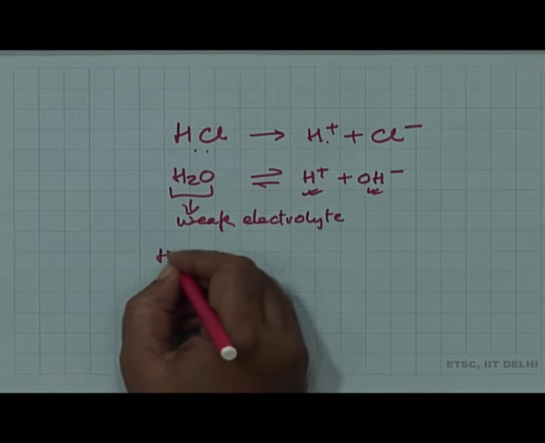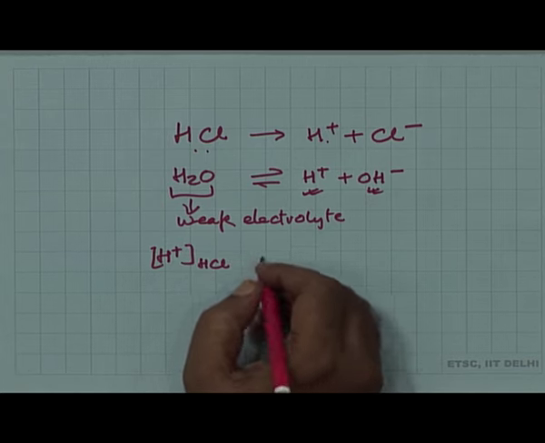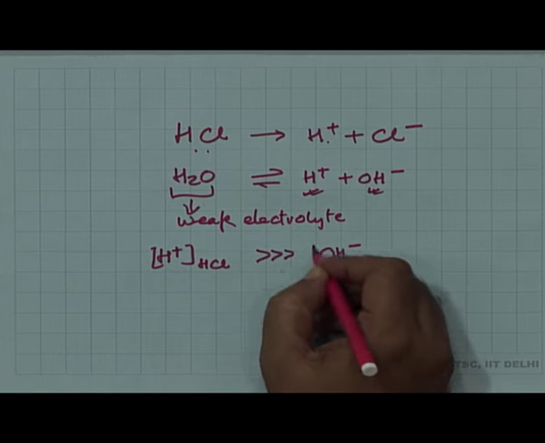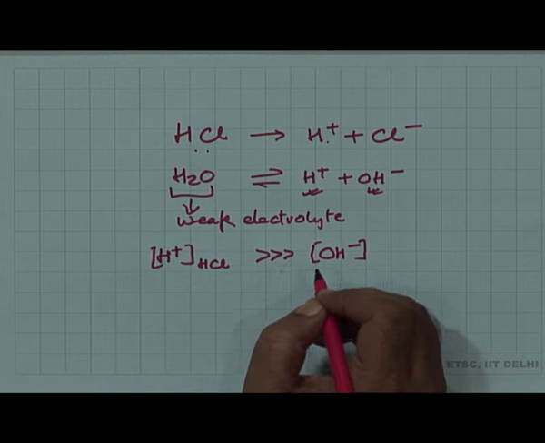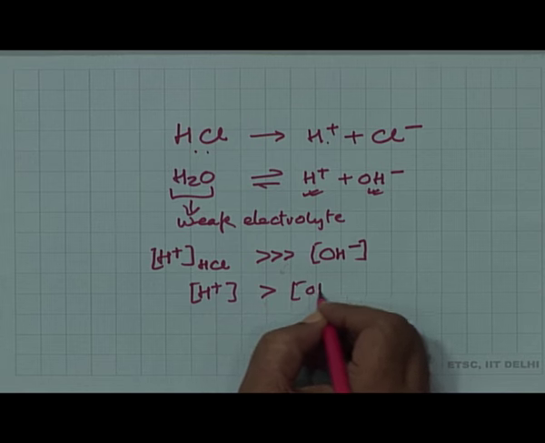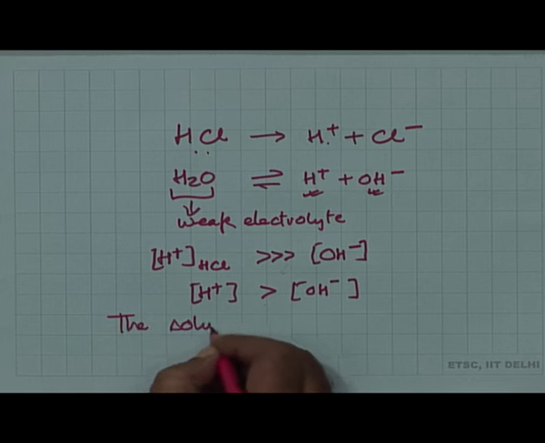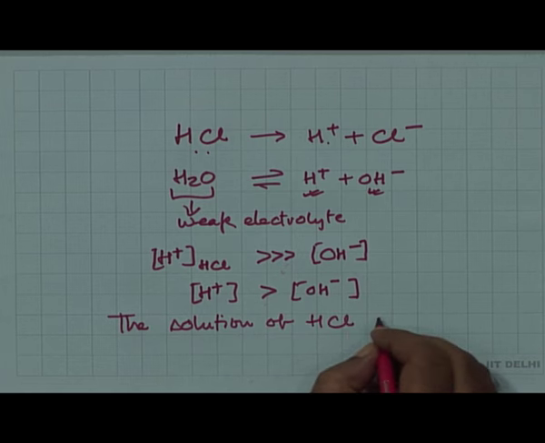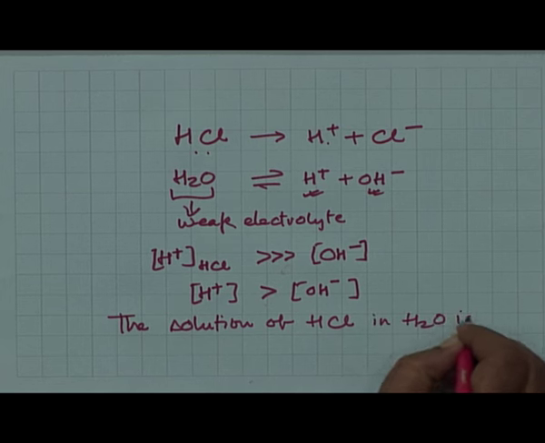So, H plus from HCl is generally quite a lot greater than the OH minus ion concentration. Since the H plus ion concentration is greater than the OH minus ion concentration, the solution of HCl in water is acidic.